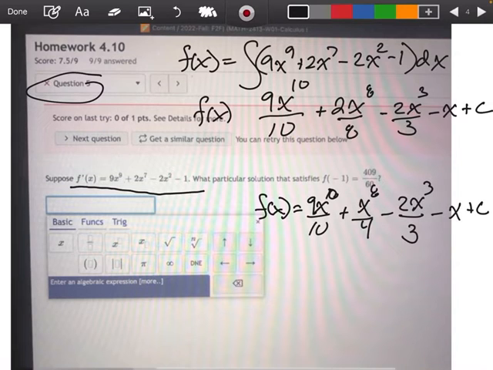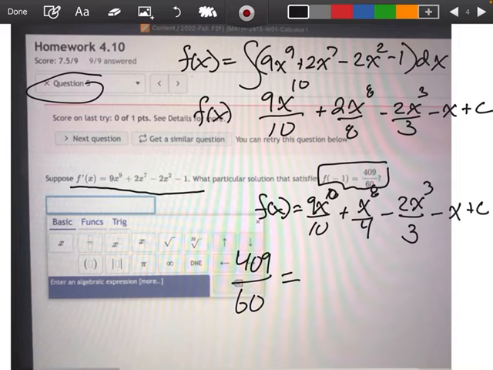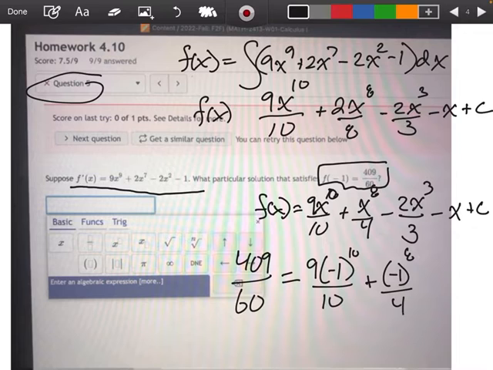Okay, now they gave us a piece of information here, y'all. They said f of negative 1 is 409 over 60. So everywhere we have an x, we're going to put a negative 1. Actually, let me do it this way.